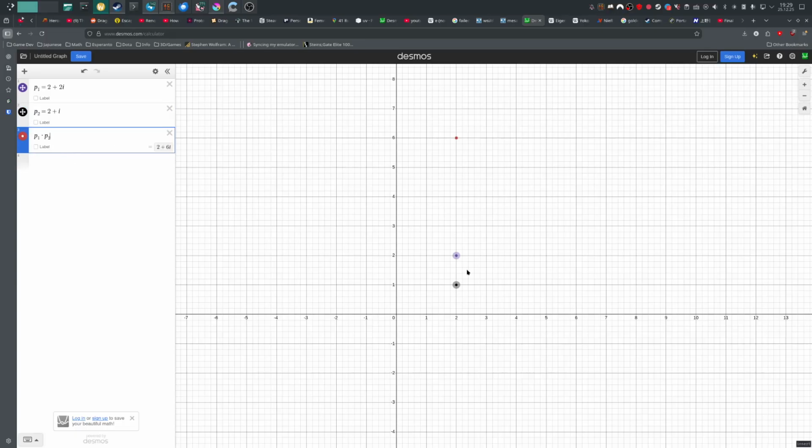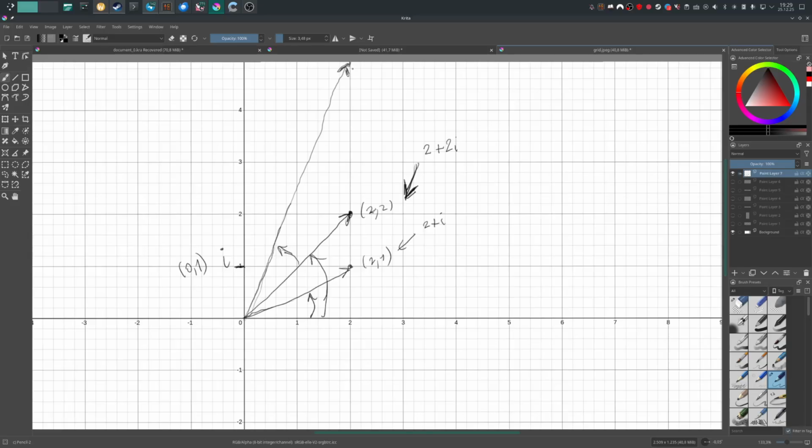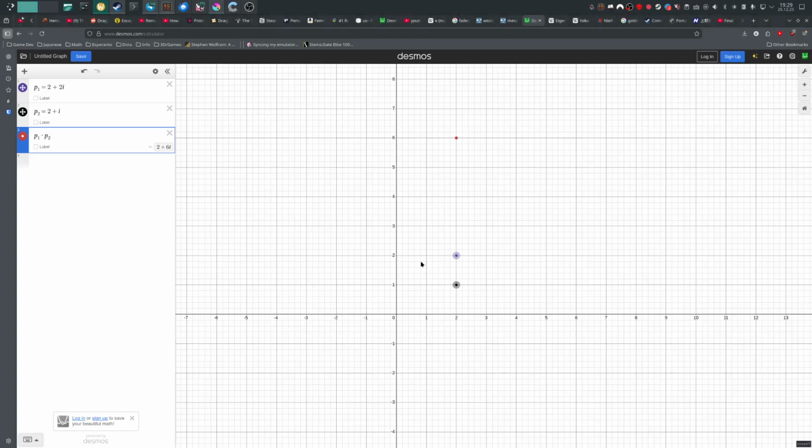We said it should be, yeah, you see? So let's take this point here and put it on the other side. First, let's not show that one. So just put a minus here. What do you think will happen here? It will take this angle and add that on top of that one.